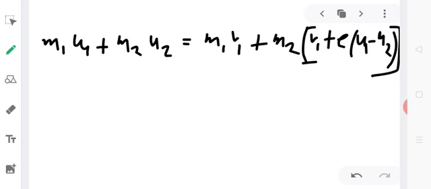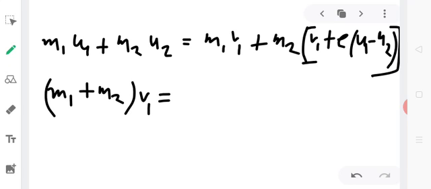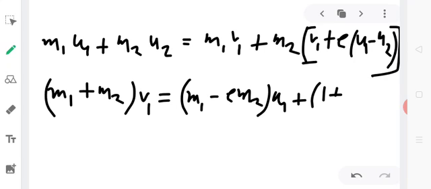On further substitution we get (m1 plus m2) times v1 equal to (m1 minus e times m2) u1 plus (1 plus e) times m2 u2.